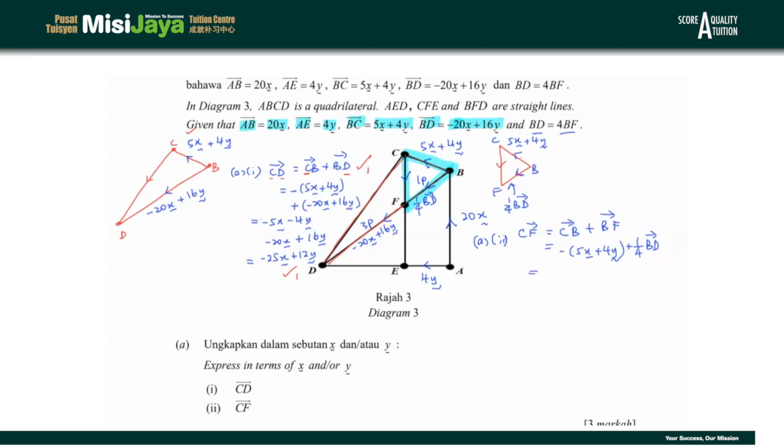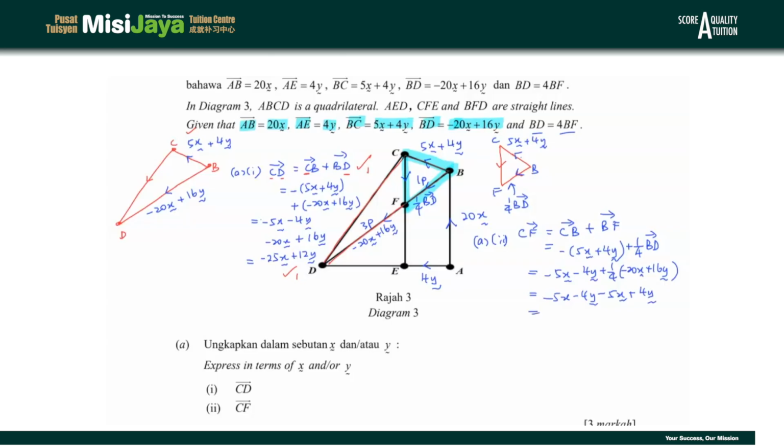So it equals negative 5x minus 4y, plus 1 over 4 of BD, which is negative 20x plus 16y. Negative 20x divided by 4 is negative 5x, and 16 divided by 4 is 4, so 4y.